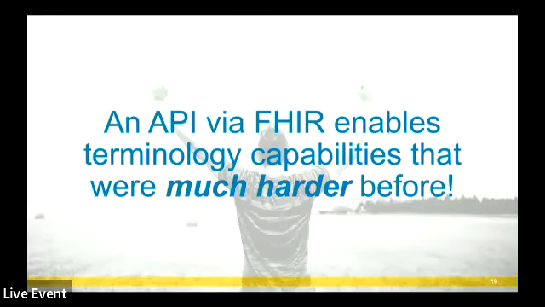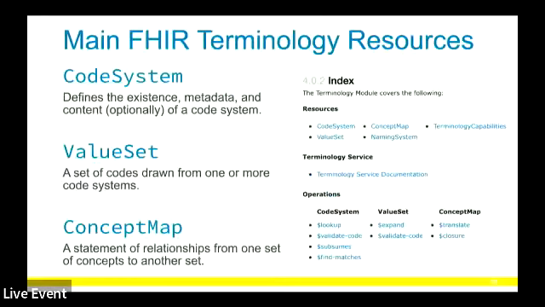And so the FHIR specification actually provides an API for enabling terminology capabilities that were much, much harder to do before FHIR existed. And this is actually, in my view, one of the unsung innovations of FHIR, providing a common way to interact with terminology elements for computers.